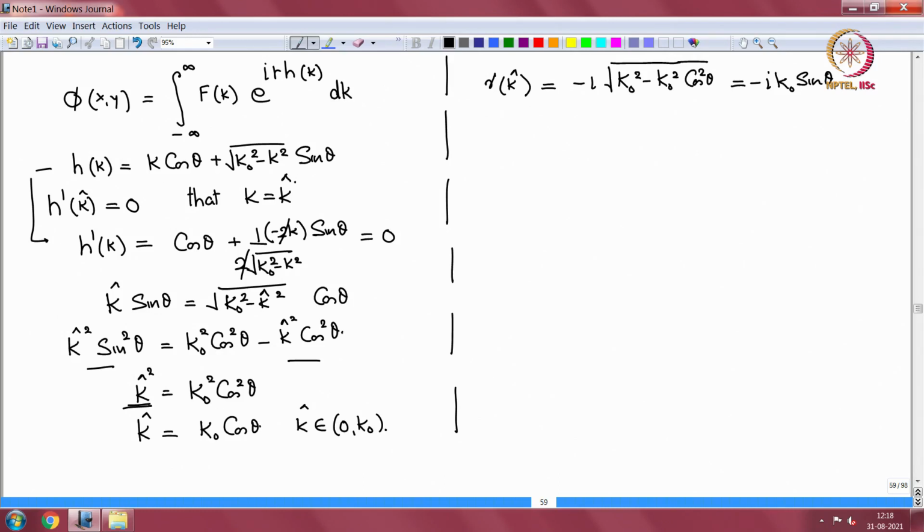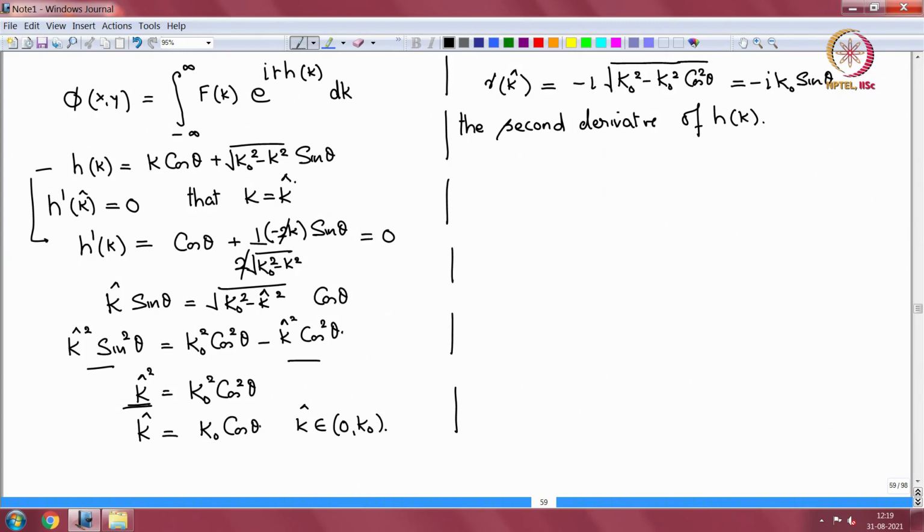Okay, now the second derivative of h of k.